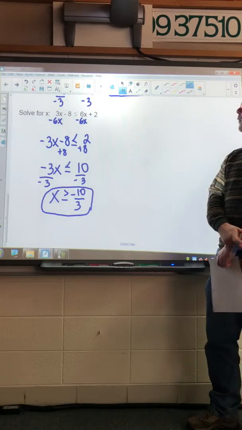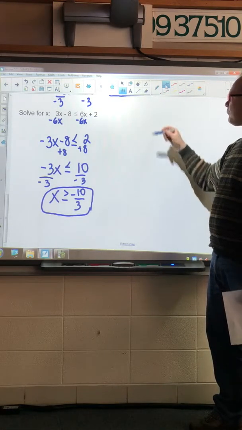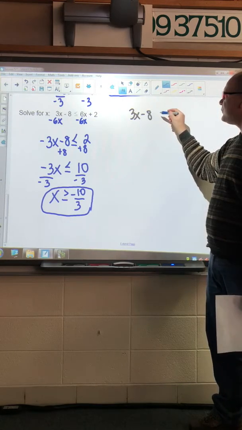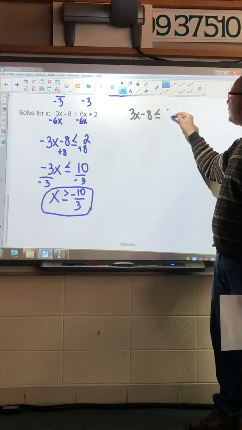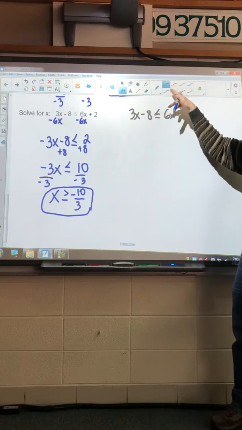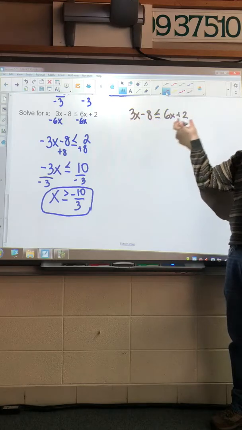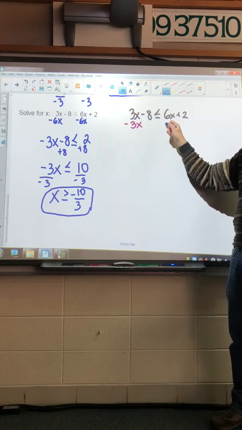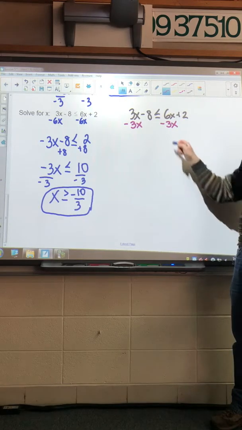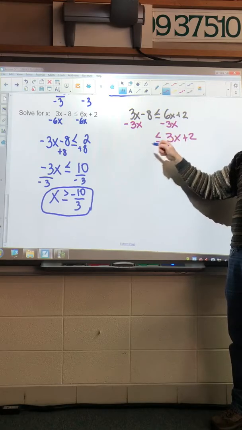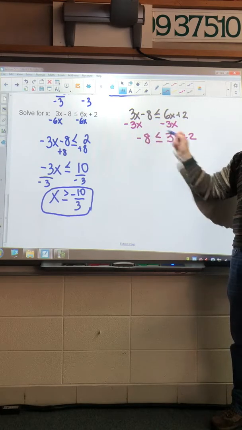Okay, so maybe you did it that way. Or, starting over here, maybe you decided to move your x terms over to the right side. Maybe you started by subtracting 3x. So that'd be negative 8 still.